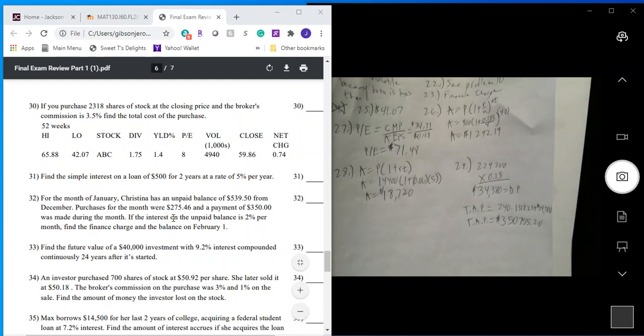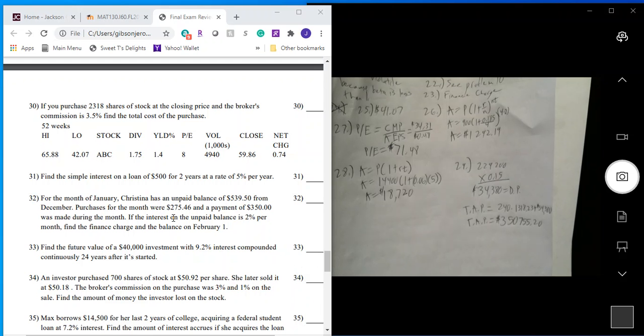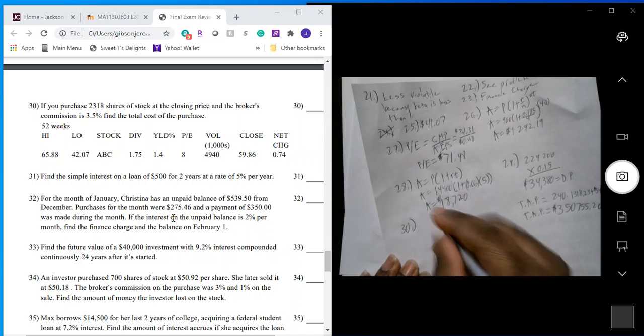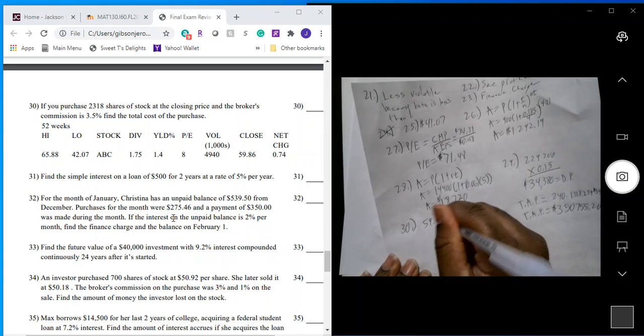Go here to problem 30. If you purchase 2,318 shares of stock at the closing price and the broker's commission is 3.5%, find the total cost of the purchase. All right, for problem 30. So the closing price was $59.86.